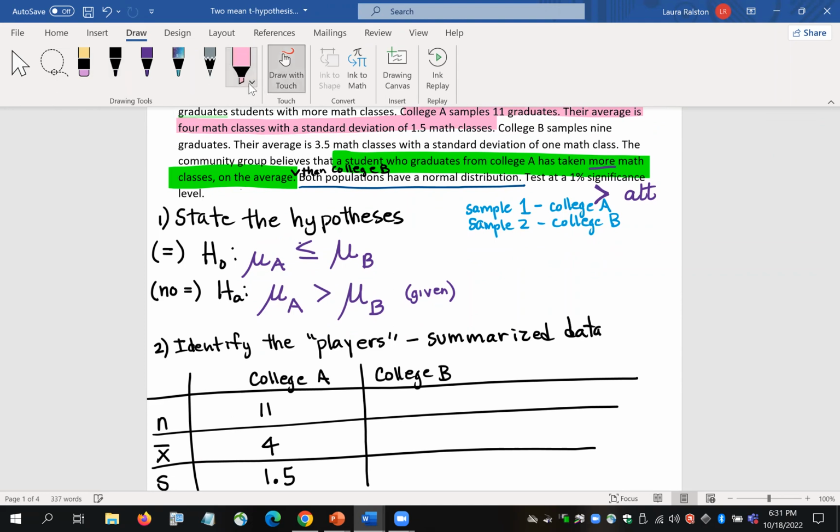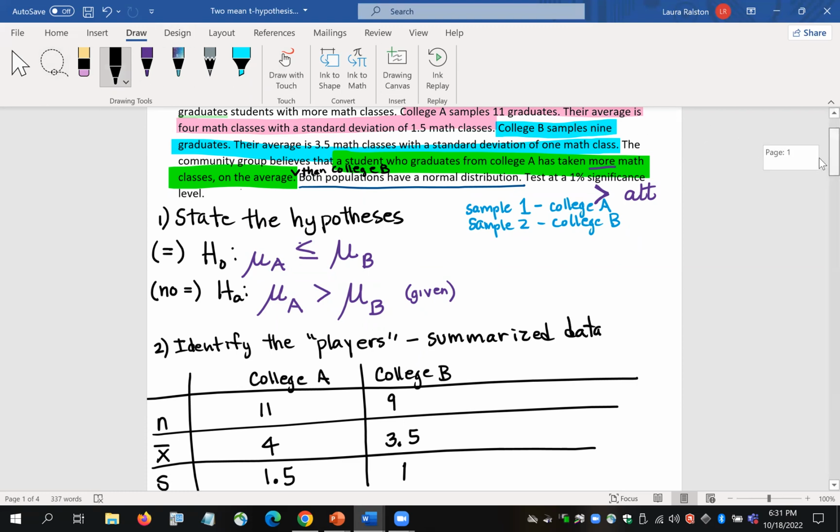If I continue reading, it says college B samples 9 graduates, and their average is 3.5 with a standard deviation of 1. So college B, there were 9 sampled. We got a mean of 3.5 and a standard deviation of 1.